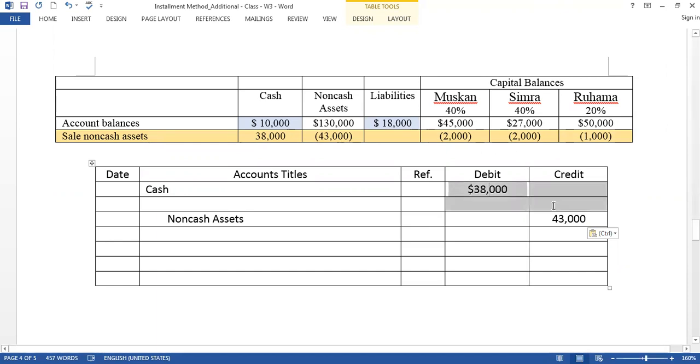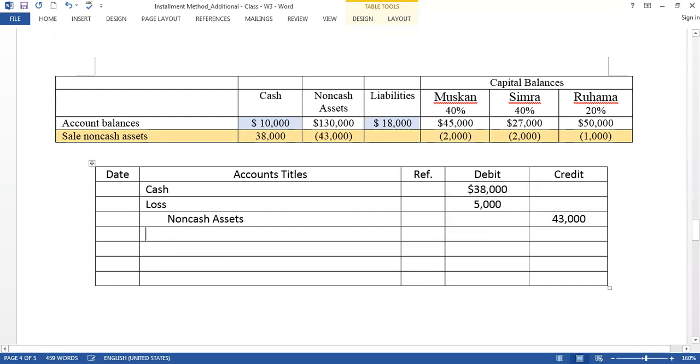Now we see that debit and credit are not equal, but we know that in the double entry system, we should make debit and credit equal, right? So we find that the debit side is lower by $5,000. If we put $5,000 on the debit side, then debit and credit are equal. So what is the name of this $5,000? We know that this is the loss.